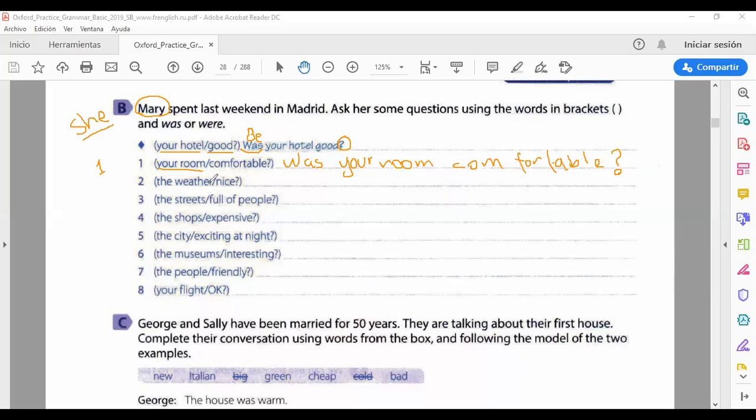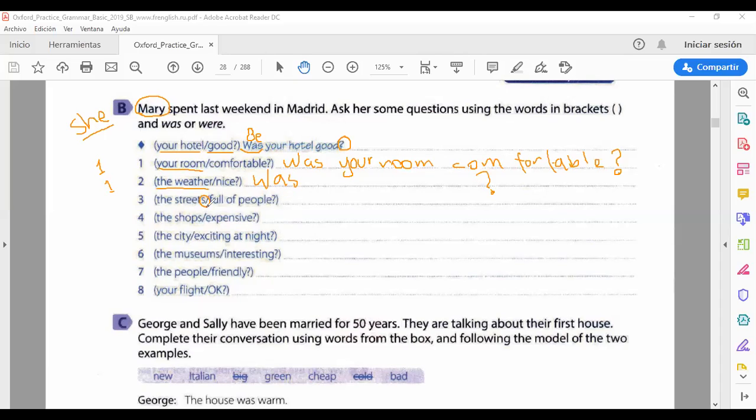And then it says the weather nice. Because we're talking about the weather, it is also one thing, el clima. So I'm going to start like this. Was the weather nice? And then the question mark. And then the streets, plural form, full of people.